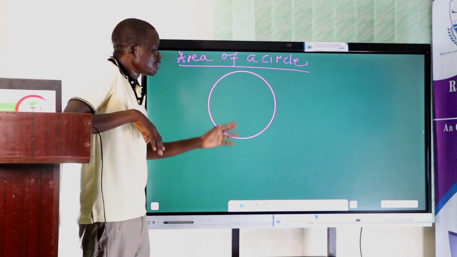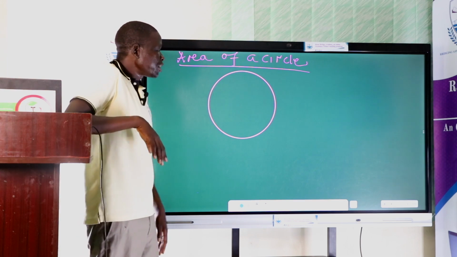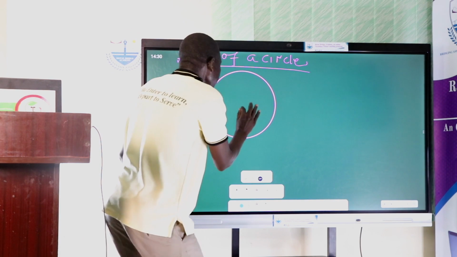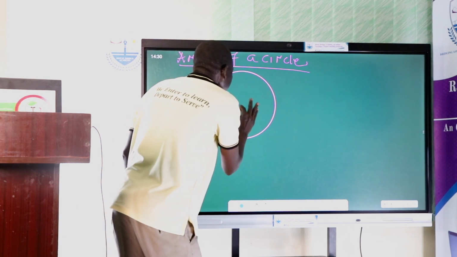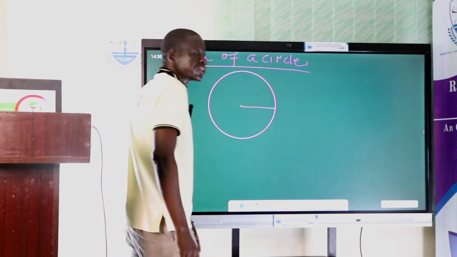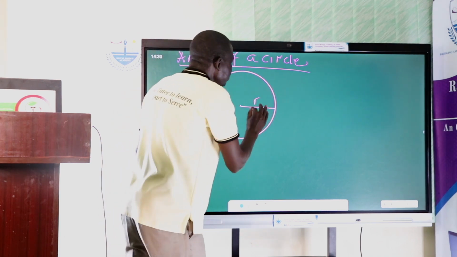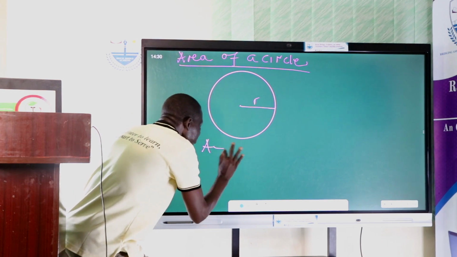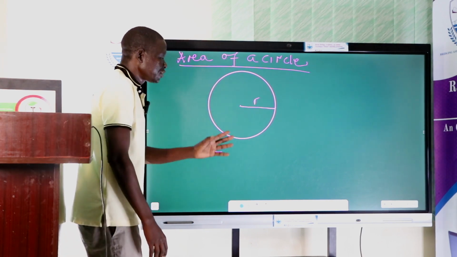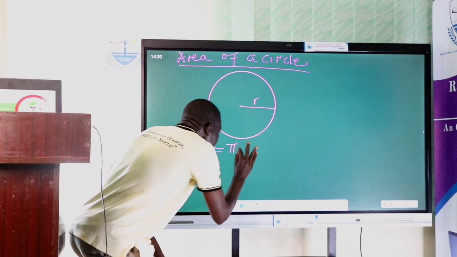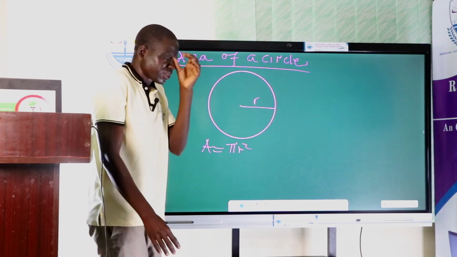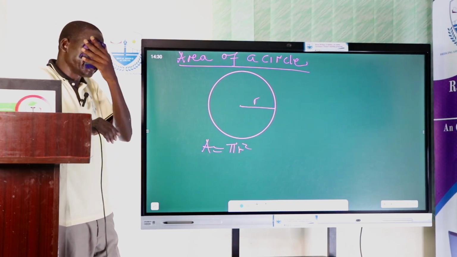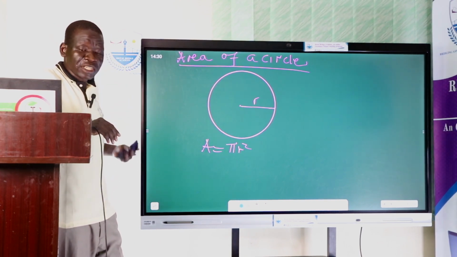And the radius is the distance from the center to the circumference. So, this is where the radius is. It starts from the center, then goes up to the circumference, represented by small r. So, the area of the circle is given by pi r squared. So, pi r squared is the formula for finding the area of the circle.